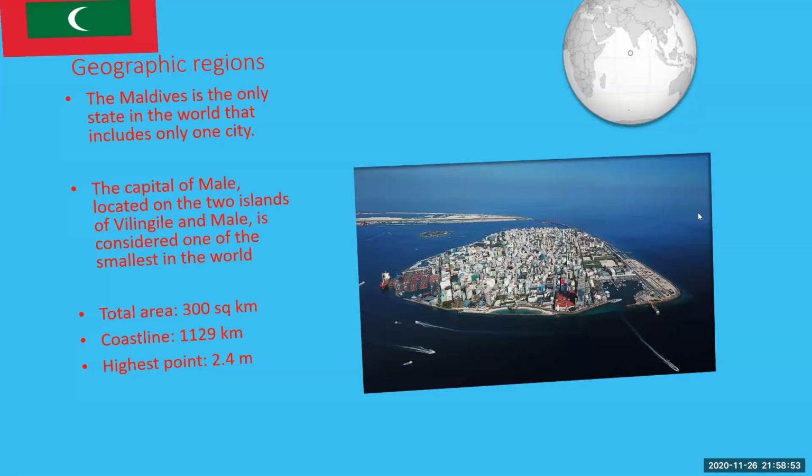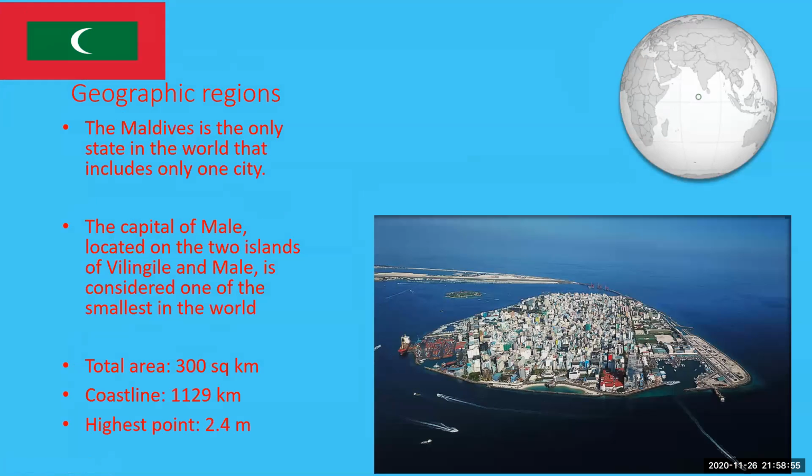Let's move on. Now we're going to talk about the geographic region, how it's unique and other things. The Maldives is the only state in the world that includes only one city, and that is the capital city, of course. The capital city of Maldives is Male. Here you can see the picture.